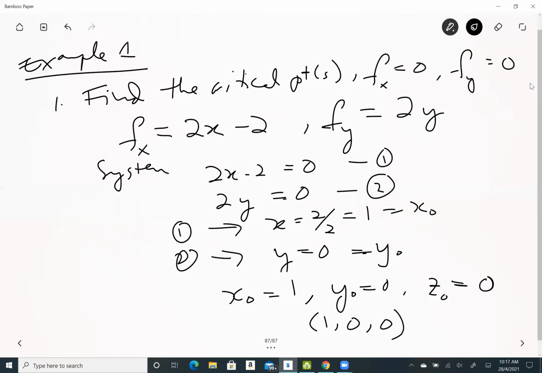But when you need to find the critical point, you just need x0, y0, which is equal to 1, 0. Sometimes you don't have to write the value of z, because that is the value of the function at the critical point. Because we need to get the second derivative or the value of D.